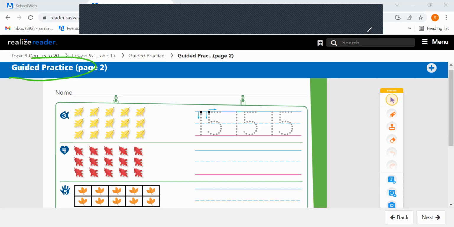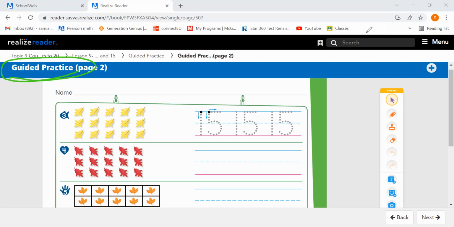We are on our guided practice. Make sure you put your name on top. Let's look at number 3. We're going to count the leaves in each group and then continue to practice writing the number that tells how many.